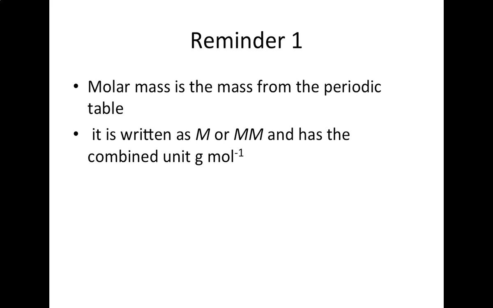I prefer the two capital M's because one capital M we're going to use for molarity at the end of this unit. And we know that molar mass has the combined unit, grams per mole. That -1, again, remember, means it is on the denominator. So it's grams divided by moles, grams over moles.